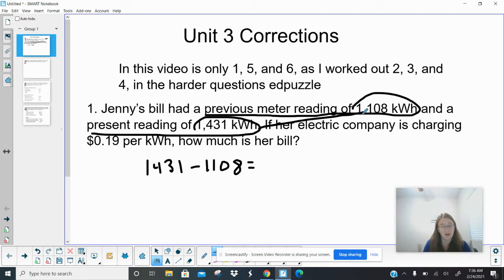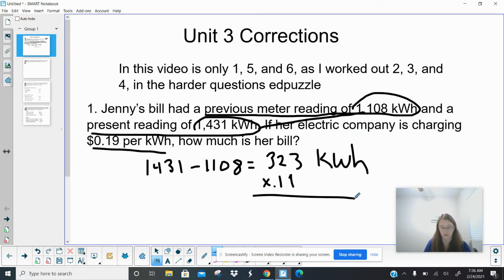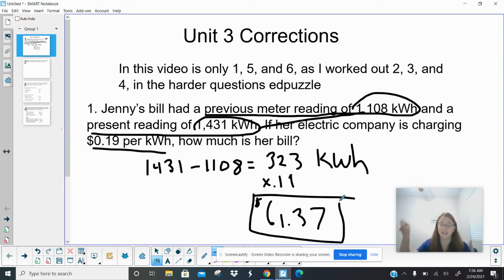And if you had your notes out and they were good and you could follow along with them, this was an easy question because this is how much you actually used. And they're charging 19 cents per, so all you had to do is multiply. So subtract the present and the previous, and then multiply, and there's your answer. That was all you had to do for number 1. So go back to your test, see if you can try it with your numbers. Subtract the previous and present, multiply by the cost, and boom, you're done.